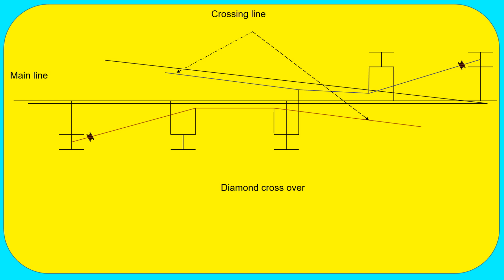So it will cross the main line OHE. So you have provided both side overlap type OHE, and it will cross in this way. But it is more breakdown prone. It is more breakdown prone nowadays.